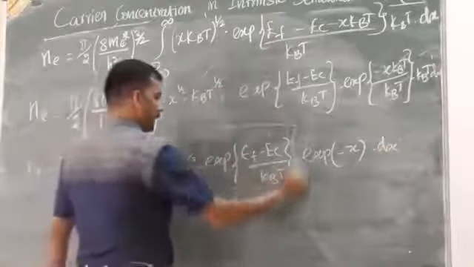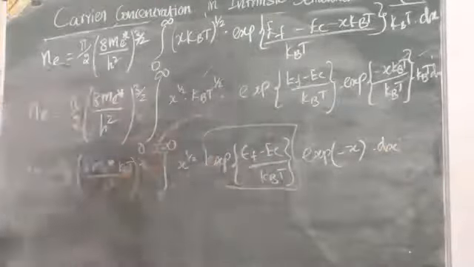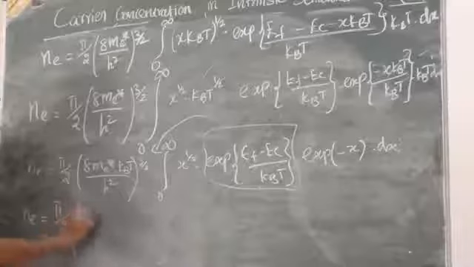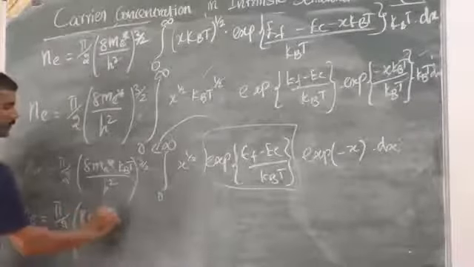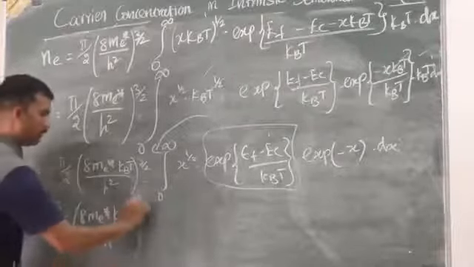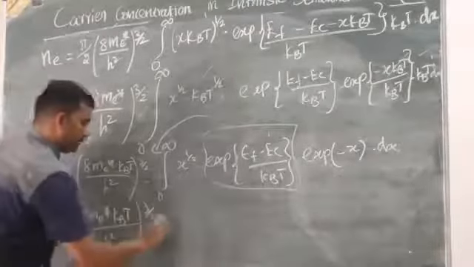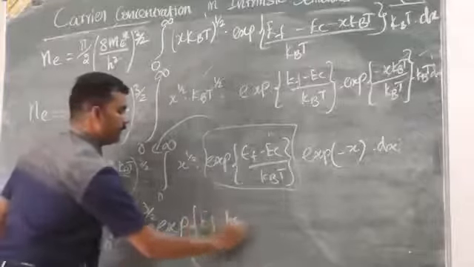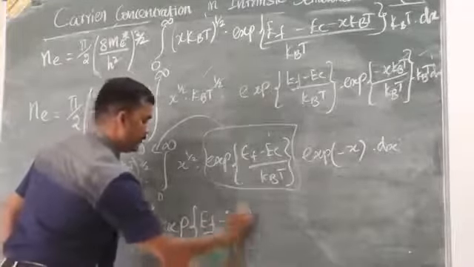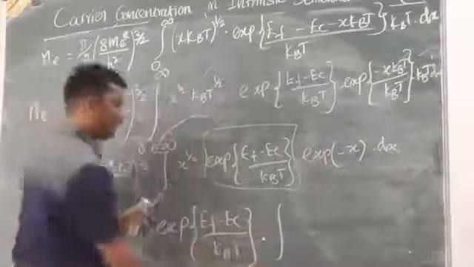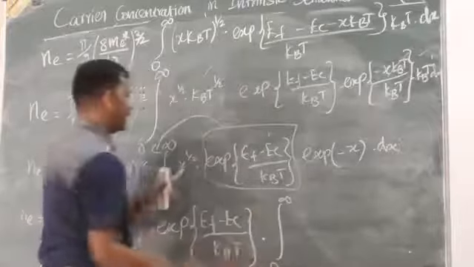Okay, so take this term out of the integral, right? Number of electrons in the conduction band Ne equal to 5 by 2 into (8m E star kBT by h squared) whole power 3 by 2 into exponential of (EF minus EC) by kBT into the integral from 0 to infinity.